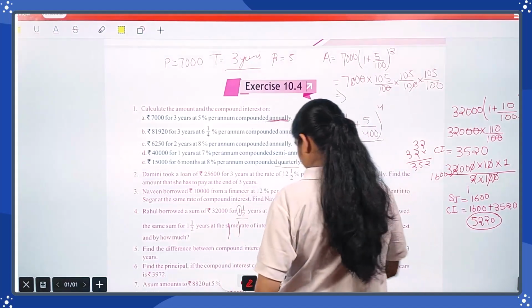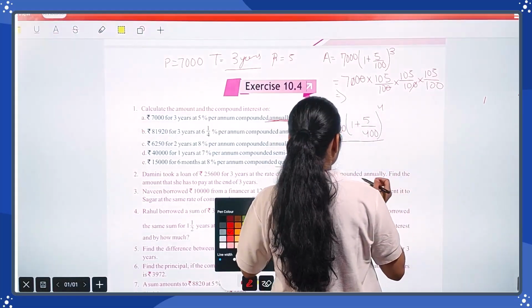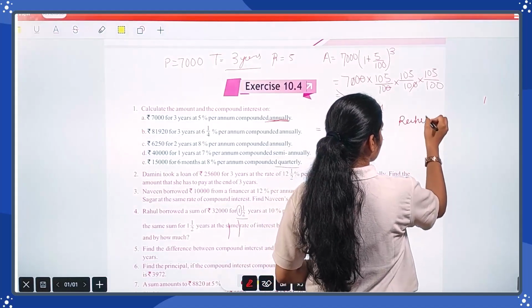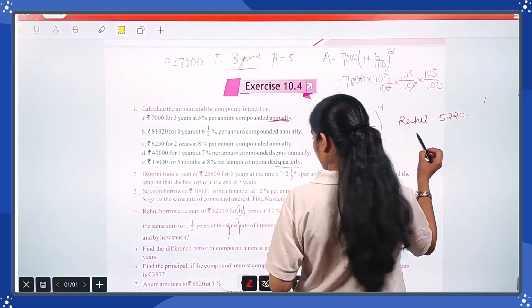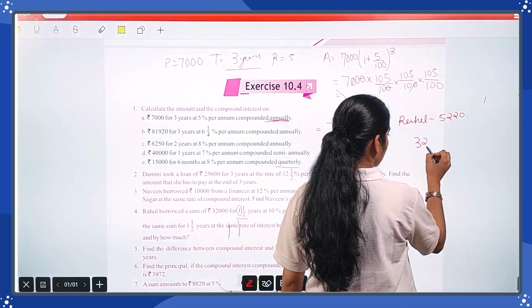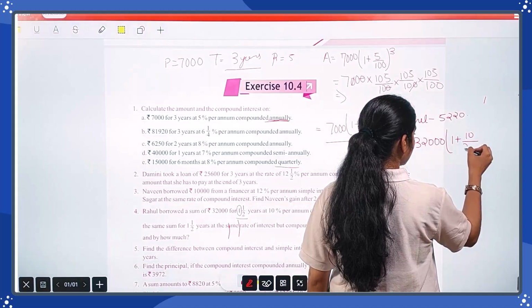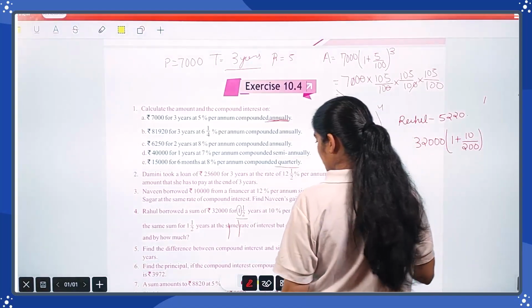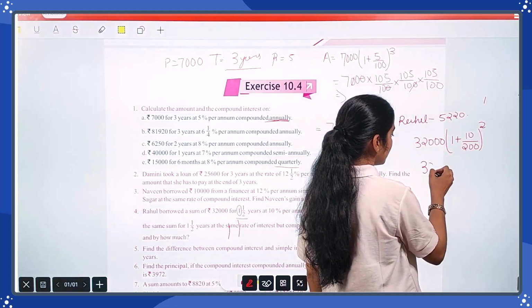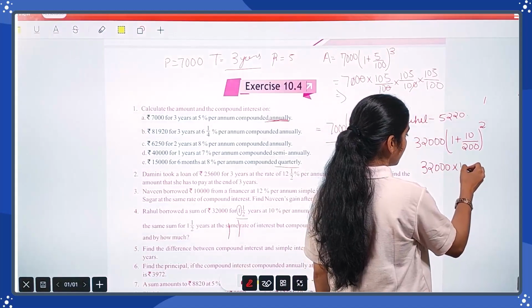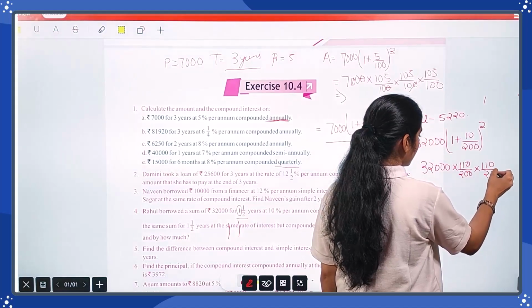But the thing is that for Tarun we have to put 32,000 times 1 plus 10 upon 200, and the power is 2 multiplied by n, so 2. Now you have to solve this question in that way: 32,000 multiplied by 110 upon 200 multiplied by 110 upon 200.